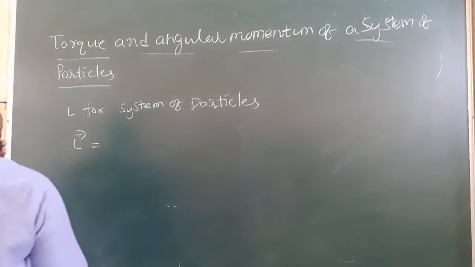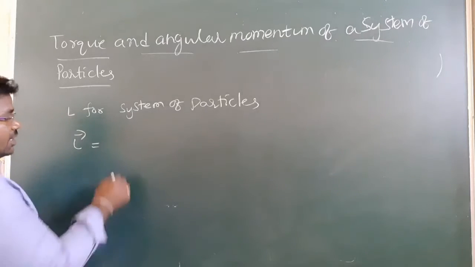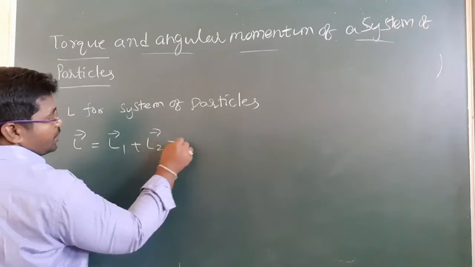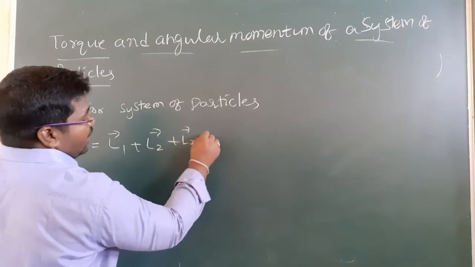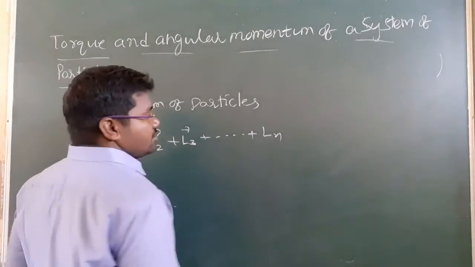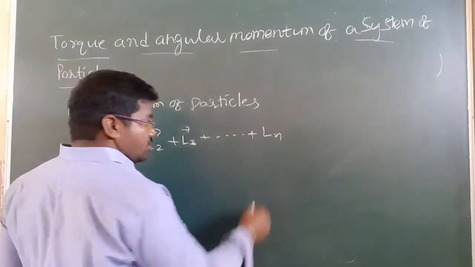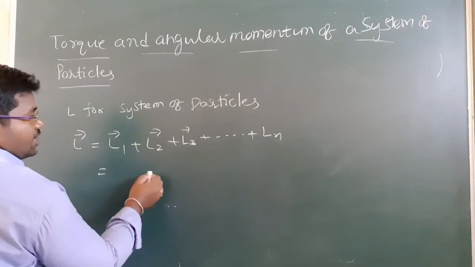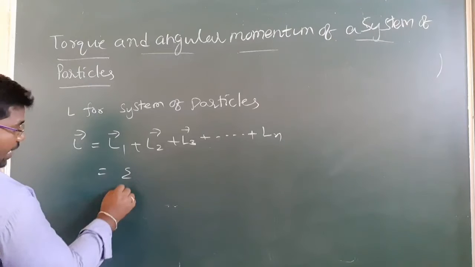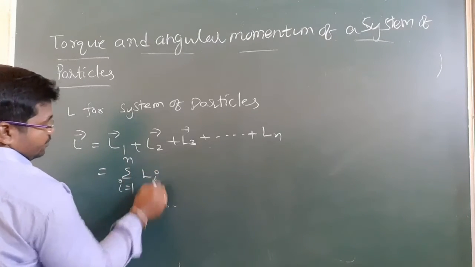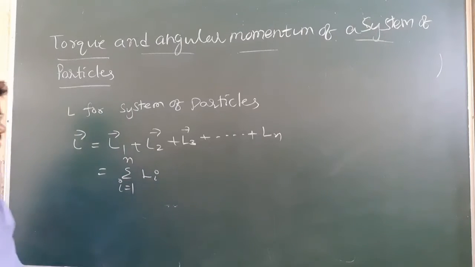We can have n number of particles, L1, L2, L3 and so on, plus Ln. So we write this as sigma i is equal to 1 to n of Li. Understand, my dear children?